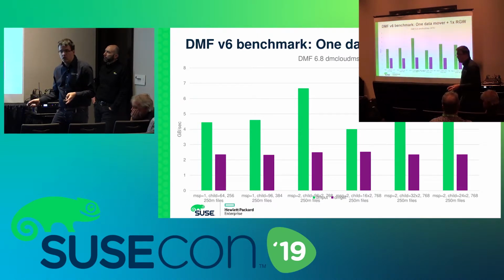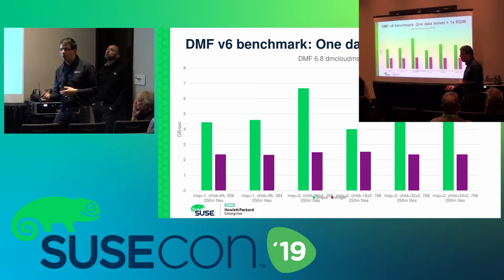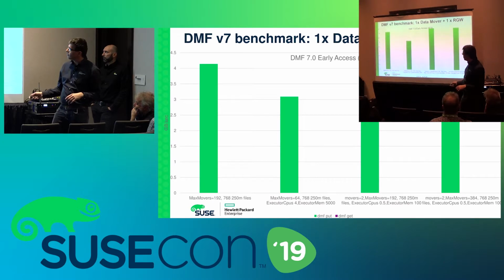That's important because when using Ceph and accessing S3, you need gateways, and you may be limited by the gateways because they have a maximum bandwidth. Using 2 gateways, we were able to achieve, I think, 6.5 gigabytes per second in writes, still using the same erasure code. That was with DMF version 6.